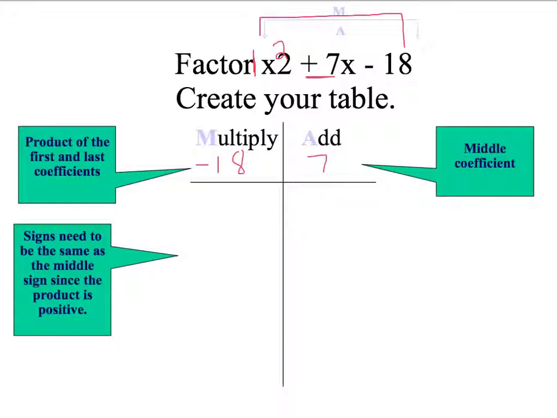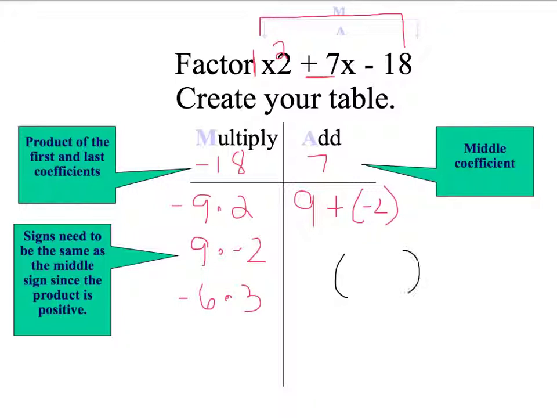Multiplying first, I could do negative 9 times 2, or 9 times negative 2, or 6 times 3. Sorry, one of them has to be negative. Thinking about what adds up to 7, 9 plus negative 2 gives me 7. So I'm going to use those.